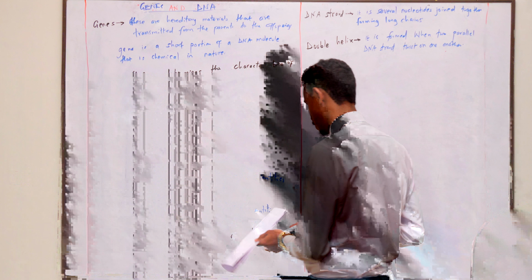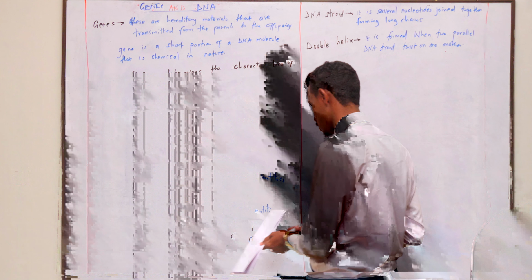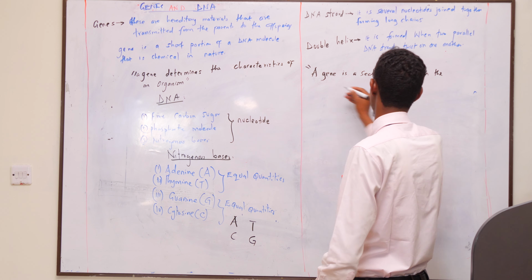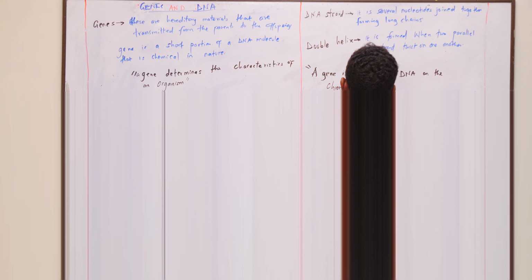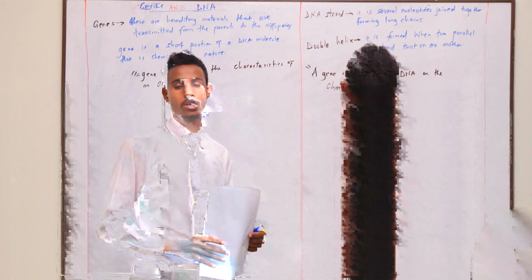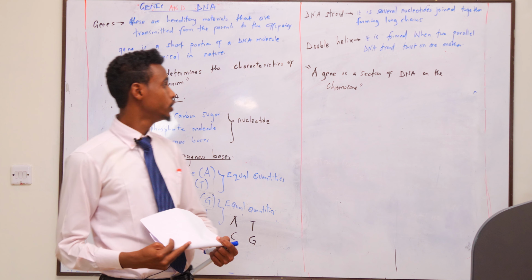A gene is a section of the DNA on the chromosome.